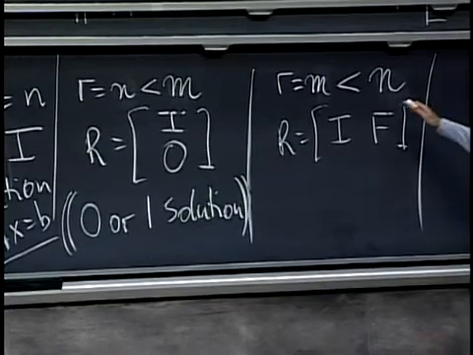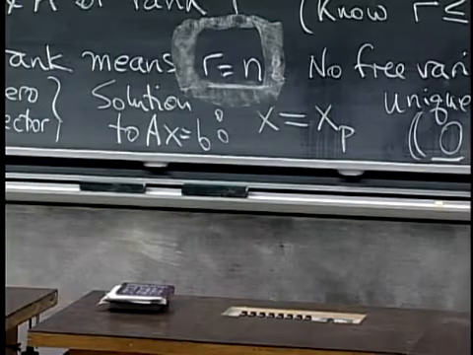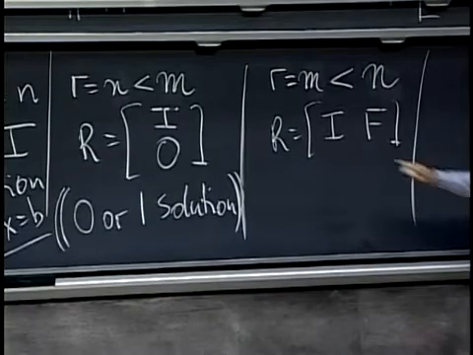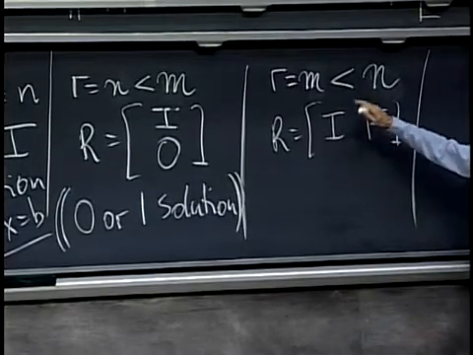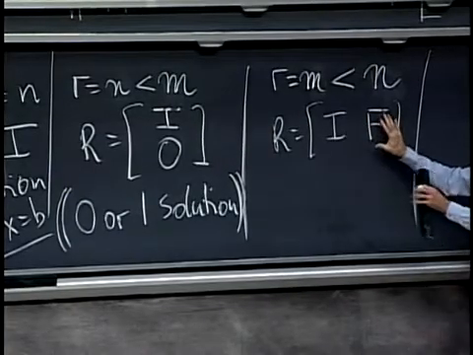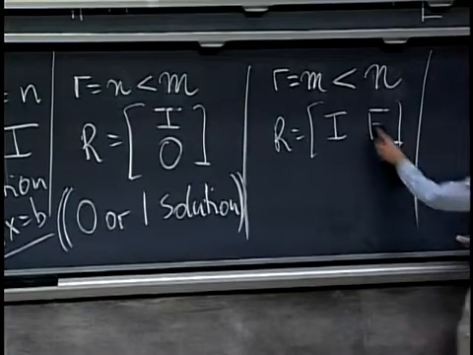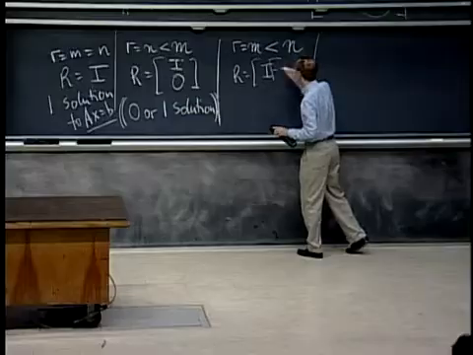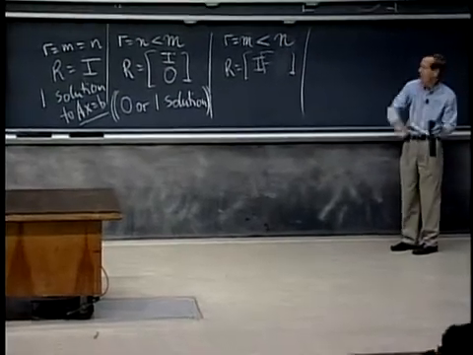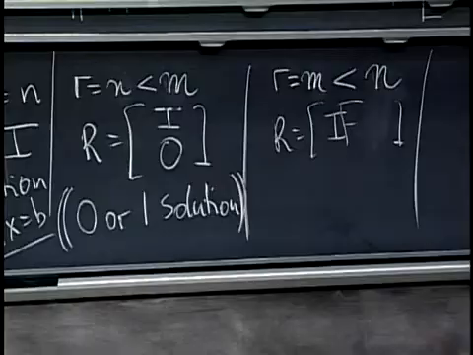So this is now the case of full row rank. And it looks like I F, except that I can't be sure that the pivot columns are the first columns. So the F could be sort of partly mixed into the I if the first columns weren't the pivot columns.